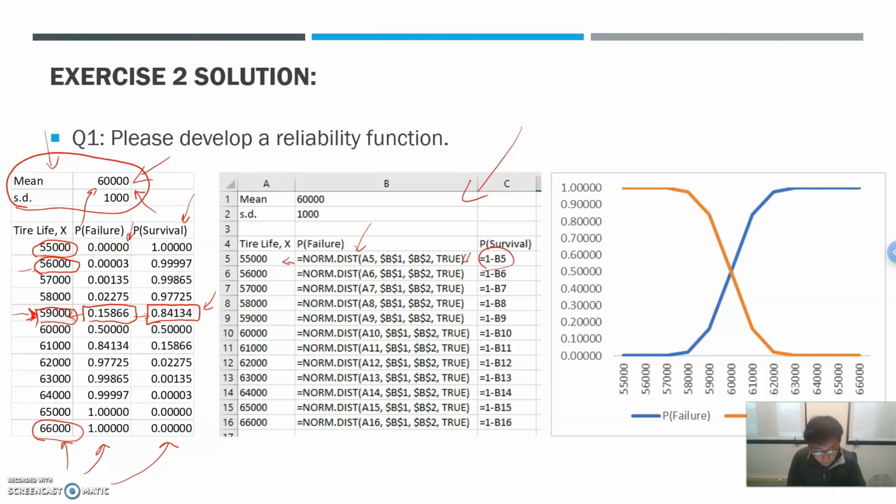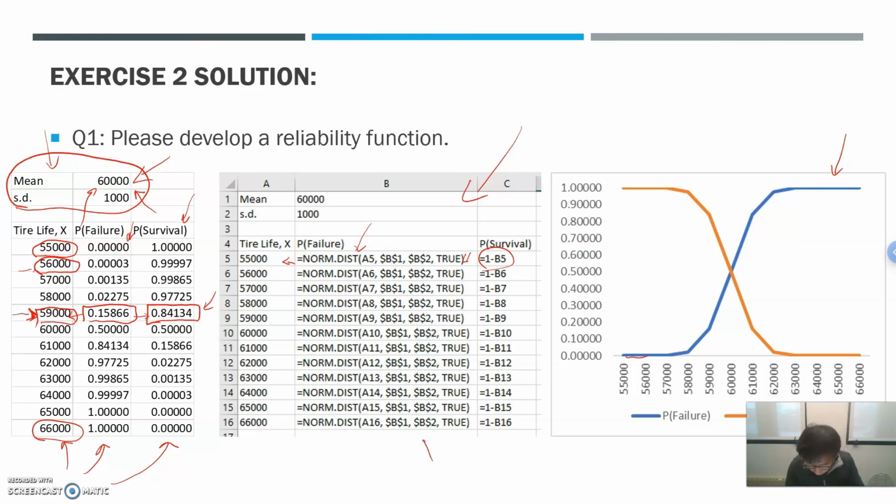If you look at this curve, the blue curve here is the failure. This is actually the true reliability function. Although there's no math, a function sometimes can be in mathematical form, and sometimes can be in visual form. So this is a visual format. This is telling exactly what we have discussed right here.